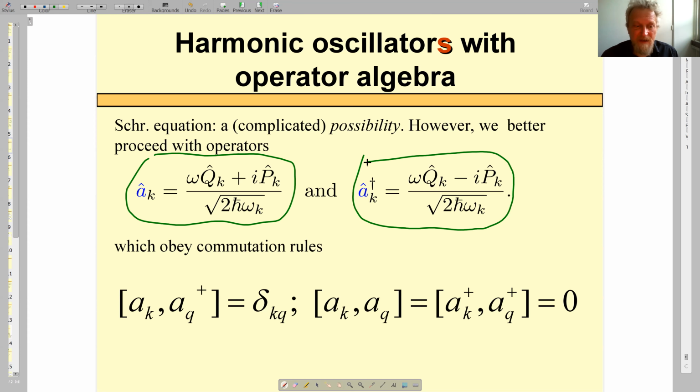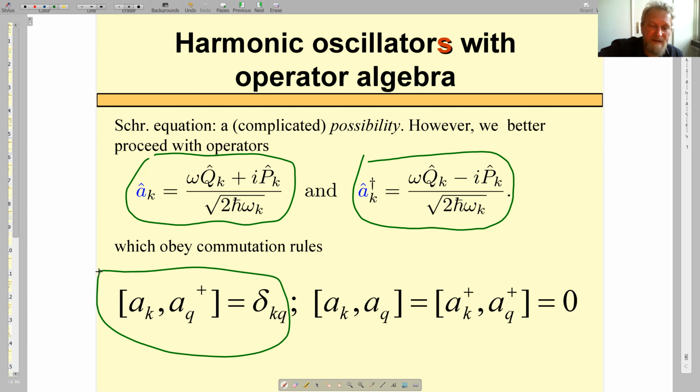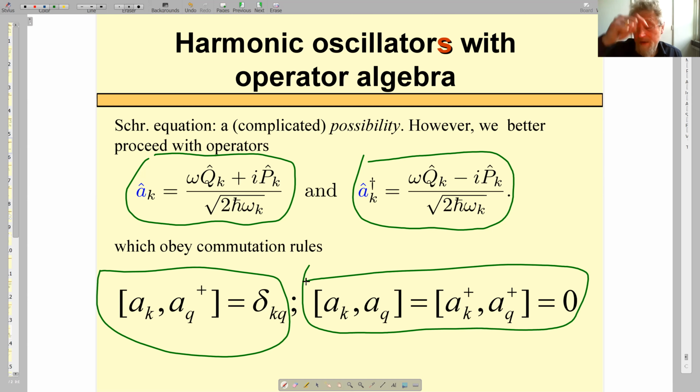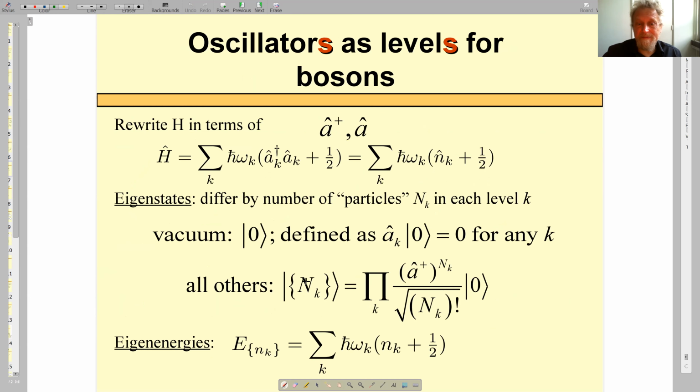One checks the commutation relations, and one reproduces the relations for the system of bosons. Since oscillators are independent, we can do it without any sweat.